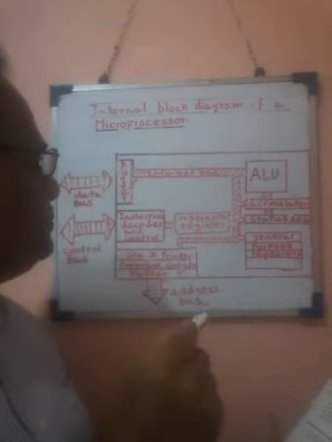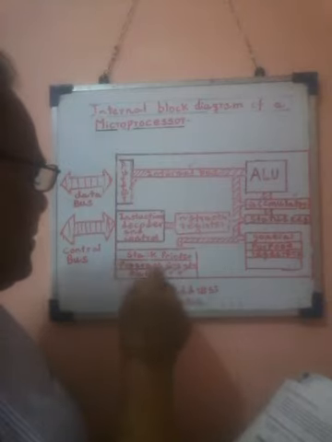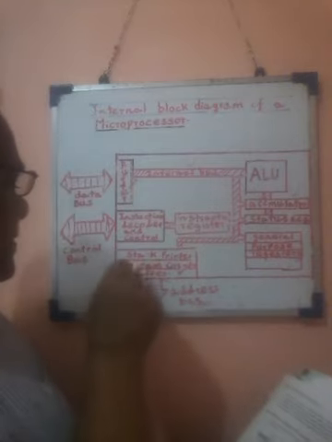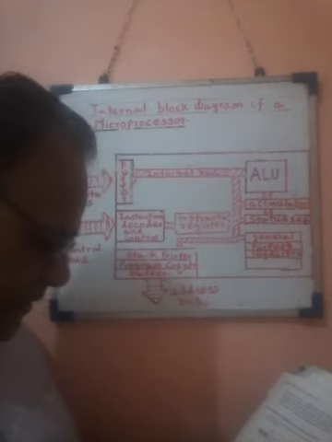Program counter. This is the program counter. It holds the current address on the address bus. Stack pointer holds the address of a particular section of the memory used for certain operations.